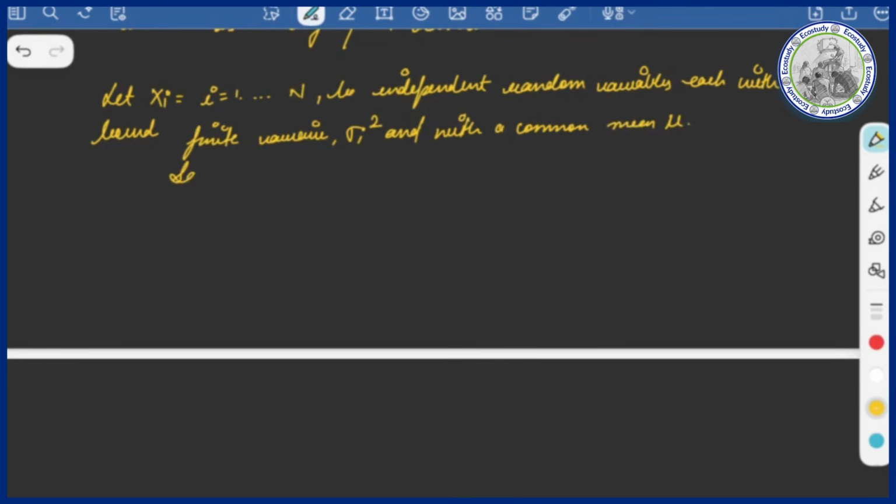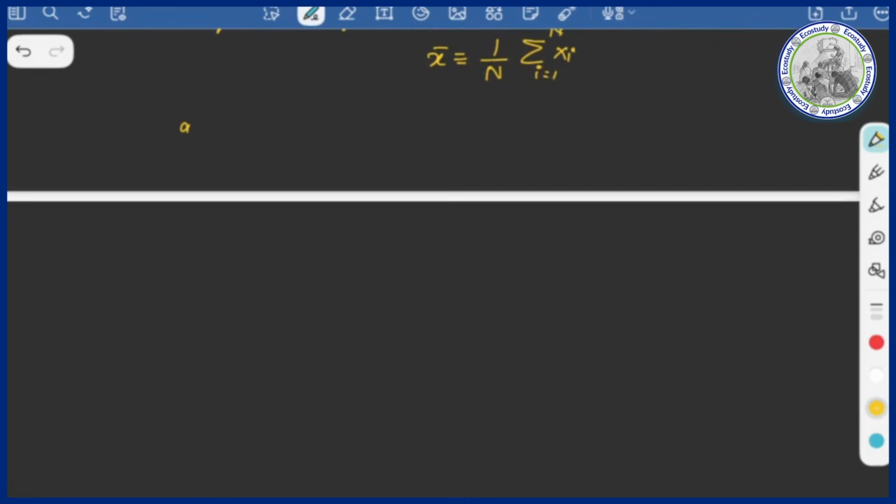So the sample mean of Xi's, X bar, is equal to 1 upon n sigma Xi, i is equal to 1 to n. A fairly simple LLN says that as n tends to infinity, X bar n tends to mu.